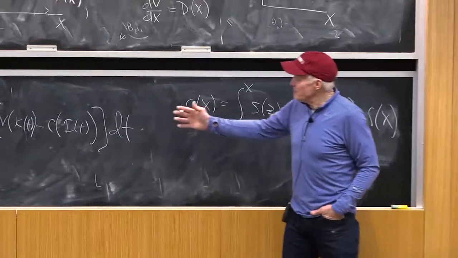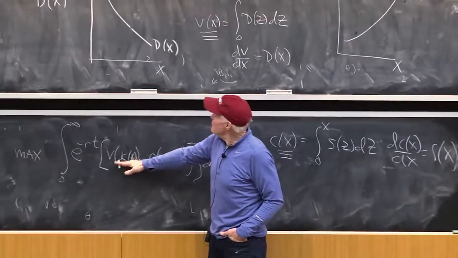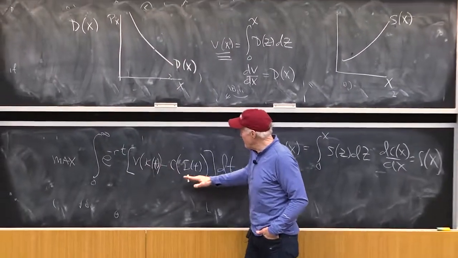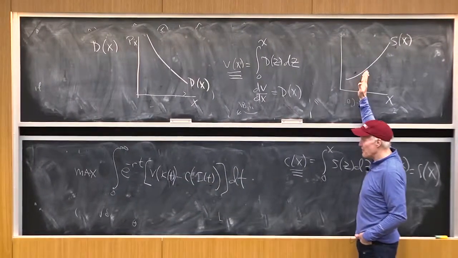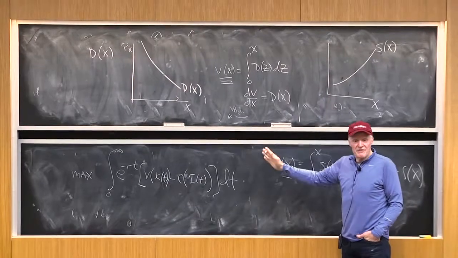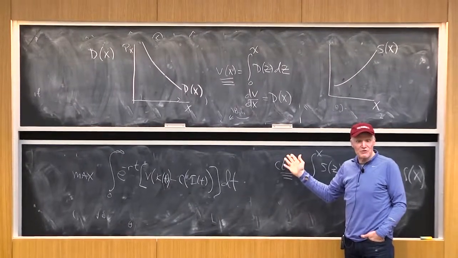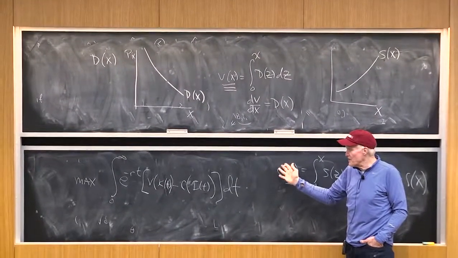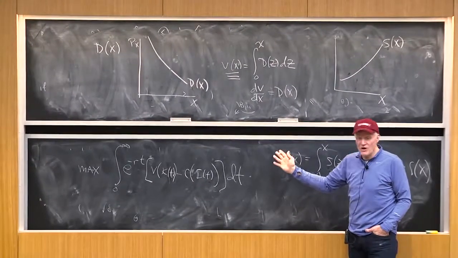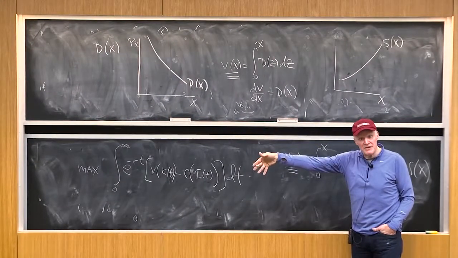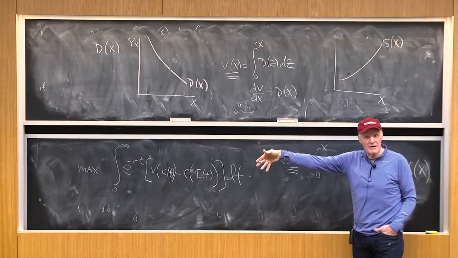And because I defined the value from the demand curve and I defined the cost from the supply curve, the derivatives of these things are going to give me my usual first order conditions. The first order conditions to this problem, I should say, are going to correspond to the equilibrium conditions of the underlying competitive equilibrium, right?